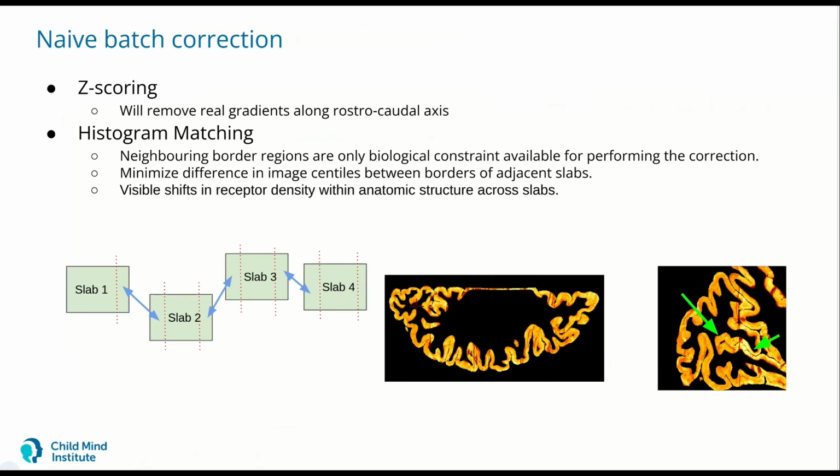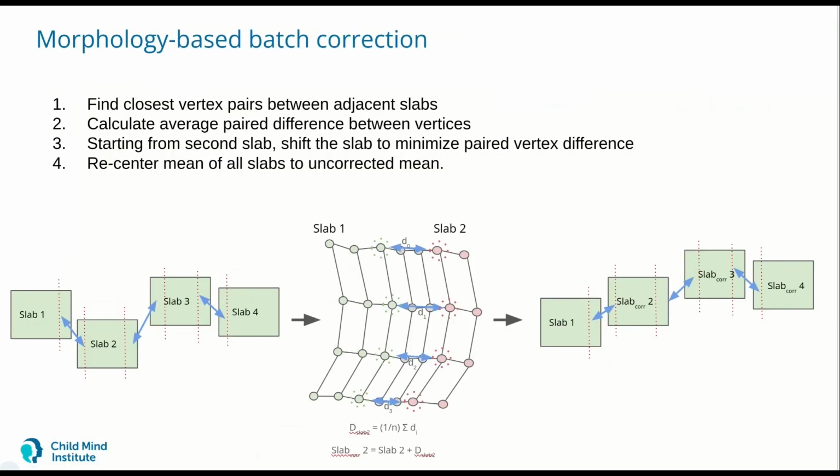That's something that we'd like to eliminate so that we can do all sorts of analyses like gradient analysis and other things. To that end, we developed a morphology-based batch correction. This uses a cortical surface mesh extracted from the T1 MRI of the donor.